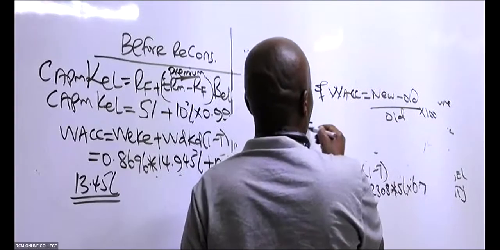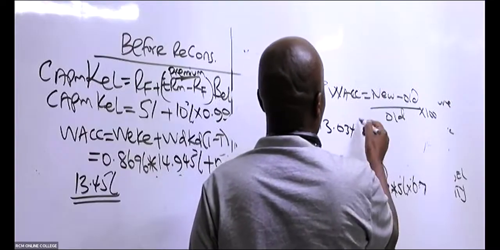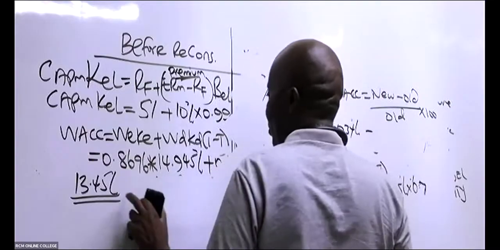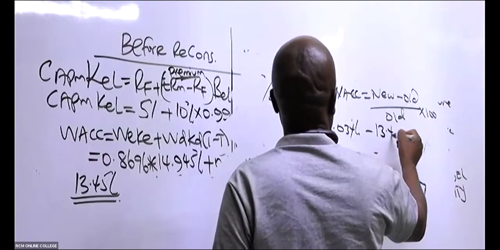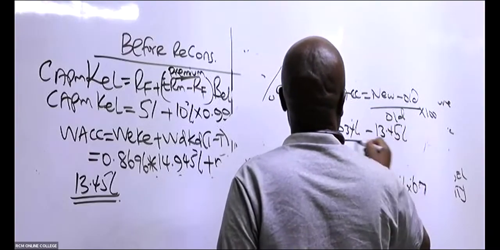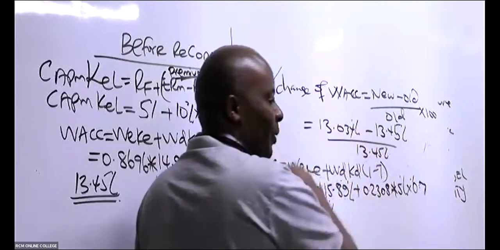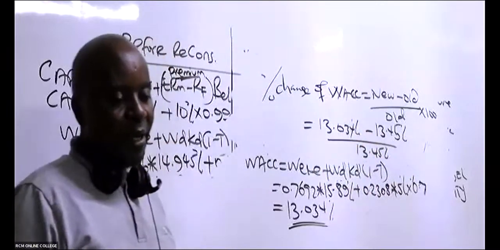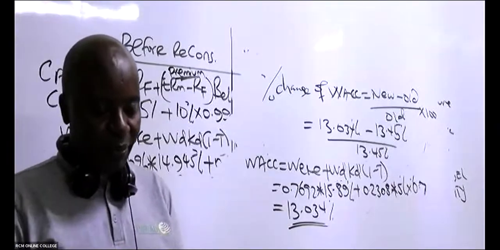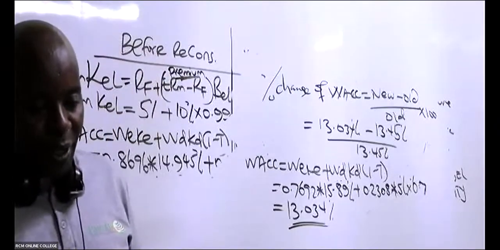So the new is 13.034% minus the old 13.45%, all over the old 13.45%. Of course, it will be negative because of the reduction.